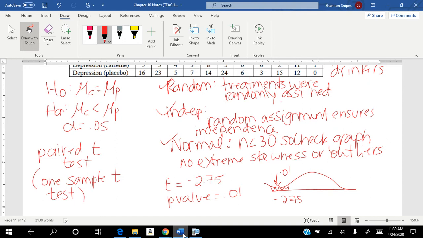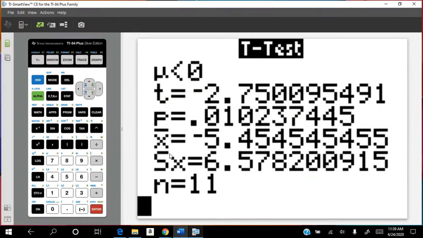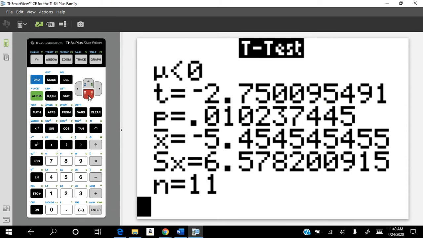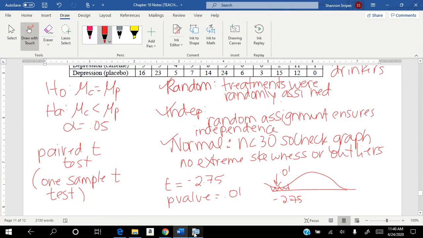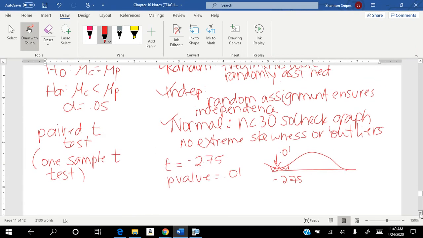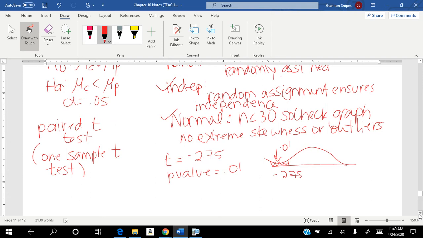Don't we need degrees of freedom? Oh yeah, we need degrees of freedom, but we can do that quite easily. I was thinking the calculator told us, but it's easy to do with one sample. It's 2 samples that the degrees of freedom is that gross ugly formula. So our degrees of freedom is our sample size minus 1. Our degrees of freedom are 10.